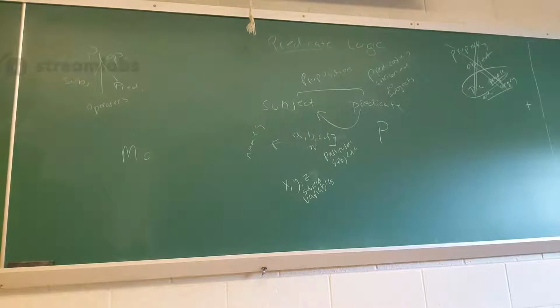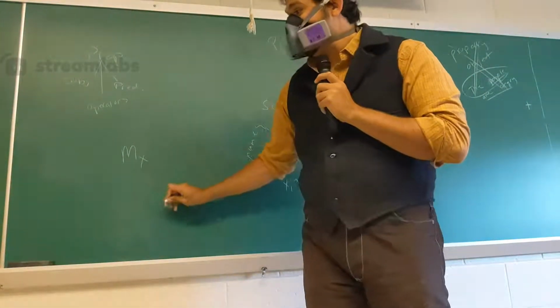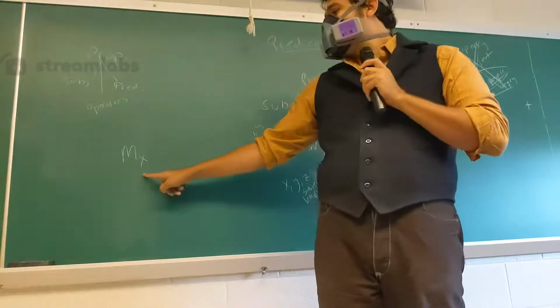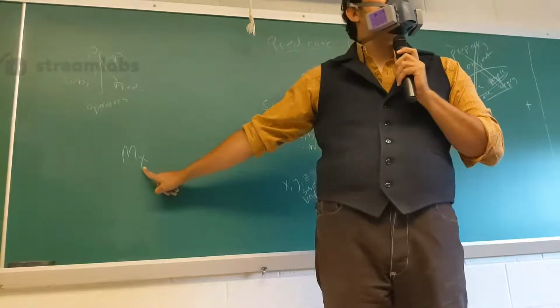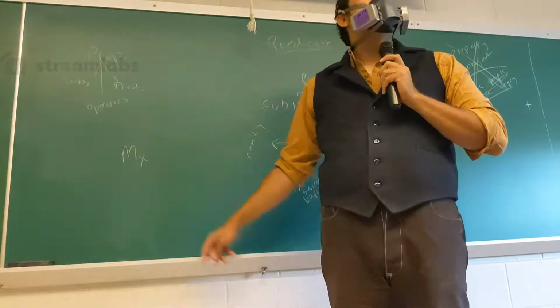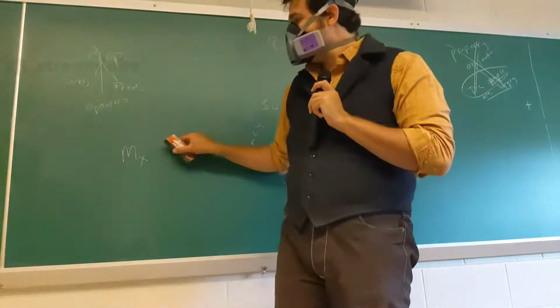Could I do it in this language? I could maybe try to use a variable. Something X is a mammal, but then how do I know that that's a cat? And now I'm just saying something is a mammal. That doesn't really mean much. It's just some indeterminate object is a mammal.